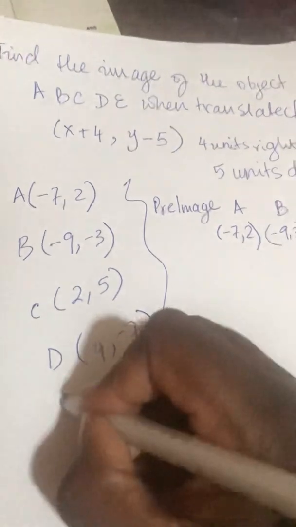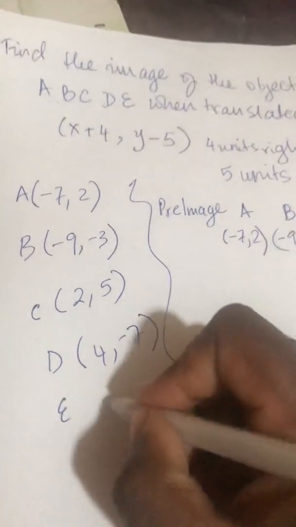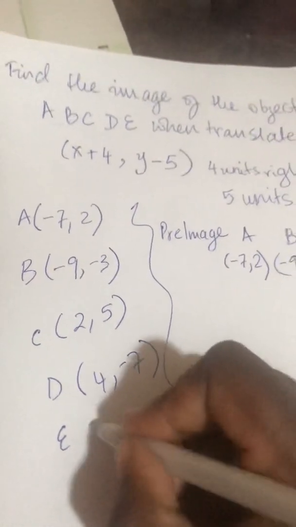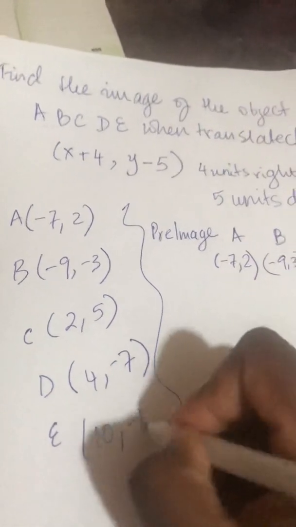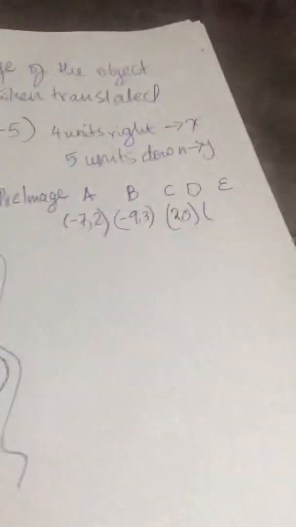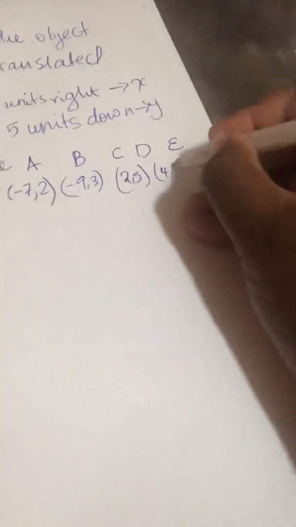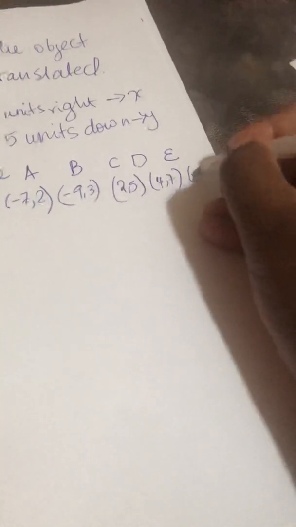Oh, there was supposed to be E. 4, -7, and 10, -10.